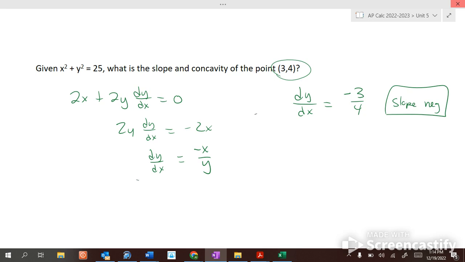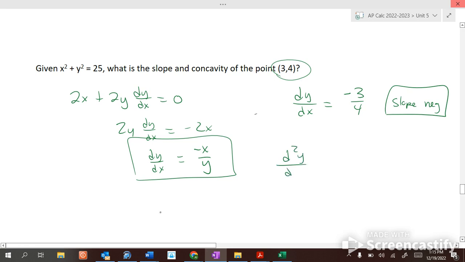Now we got to take the second derivative of this to find the concavity. What's the second derivative? Well, the second derivative equals y times the first derivative of negative x, which is negative 1, minus the numerator, negative x, times the first derivative of the denominator, which is dy dx, all over y squared.